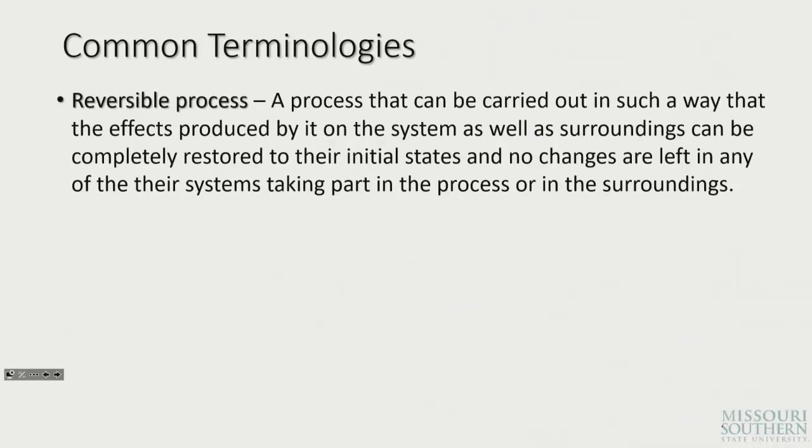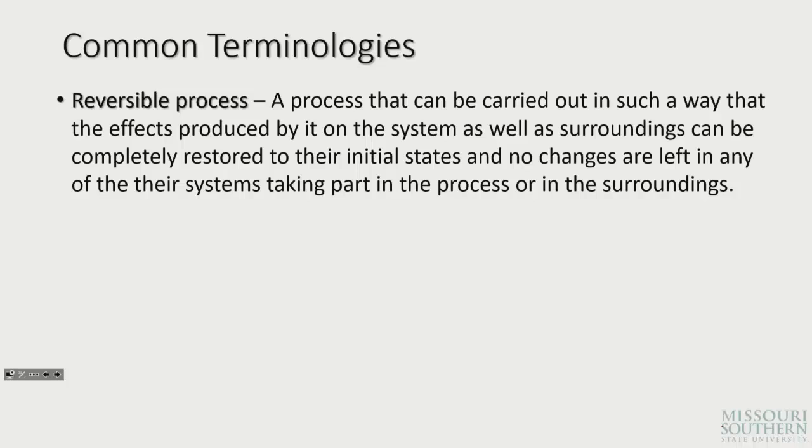The next thing is reversible process. What is a reversible process? If a process can be carried out in such a way that the effect produced by it on the system as well as the surroundings can be completely restored to its initial state, and no changes are left in any of the systems taking part in the process or in the surroundings, the process is said to be a reversible process.